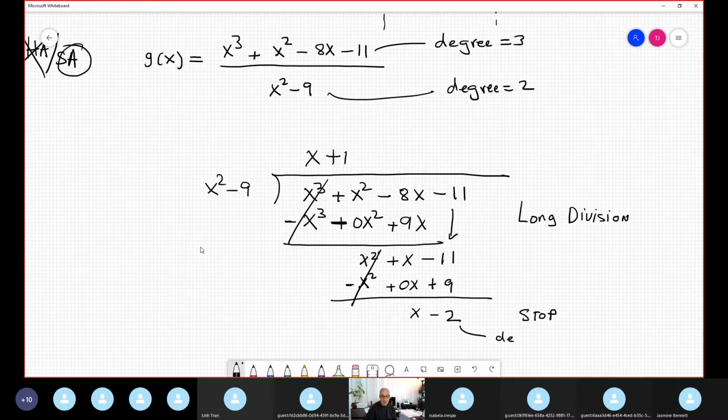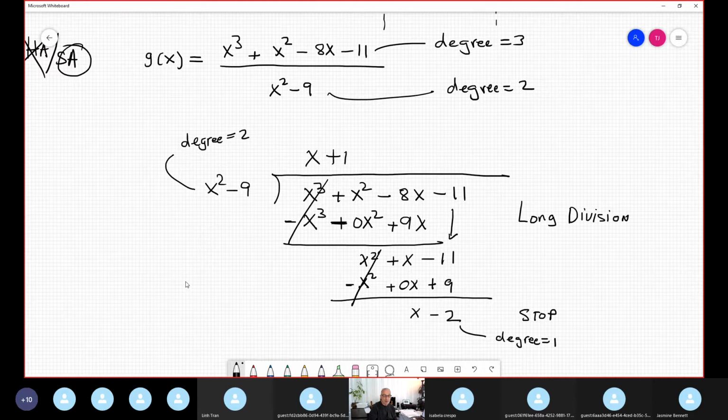The degree of this is 1. And the degree of this is 2. In the majority of the problems we were doing before, the degree of the divisor is 1, so you stop at degree 0. But here, you stop at that moment.